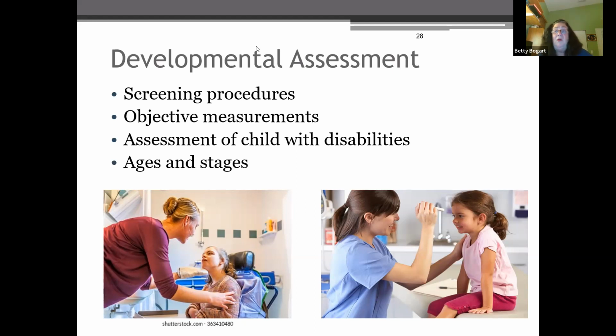We know they should be able to roll over front to back and back to front. They can't. So what do we need to do? Well, we'll have some early intervention, and we could put in physical therapy, occupational therapy, and speech therapy. Kids are so resilient. They're going to catch up so quickly. And why not get them caught up quickly instead of waiting until school, right?